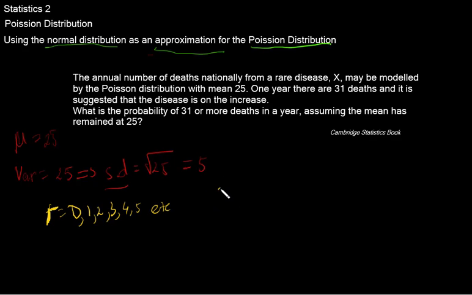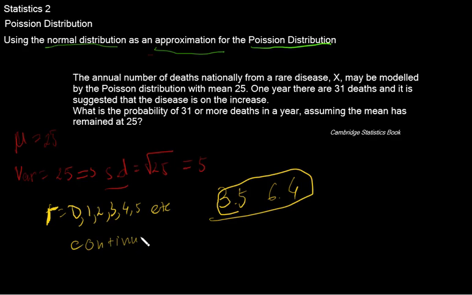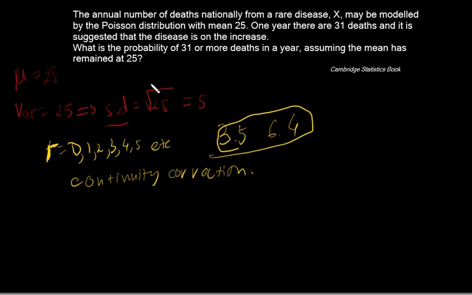So R can only take the form of 0, 1, 2, 3, 4, or 5, etc. So it can only be a positive integer. For the normal distribution, R can take the form of any number, so say 3.5 or 6.4.